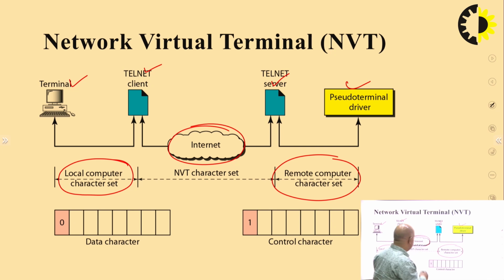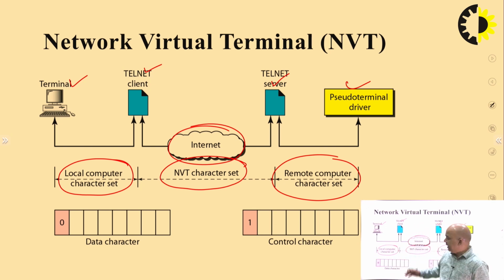In between we have the NVT character set, which makes sure both the local character set and the remote set can be converted vice versa, so that they can read whatever application request has come, and work on those requests.